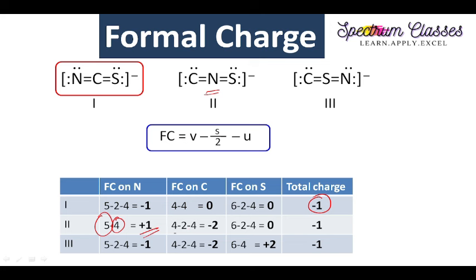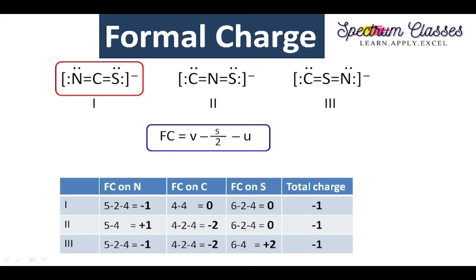For this carbon we have 4 valence electrons, 2 bonds, and 4 unshared electrons, so it has -2. Now coming to sulfur. Sulfur has the same structure as in case 1. If we add all these formal charges, +1 and -2, it gives total charge -1.